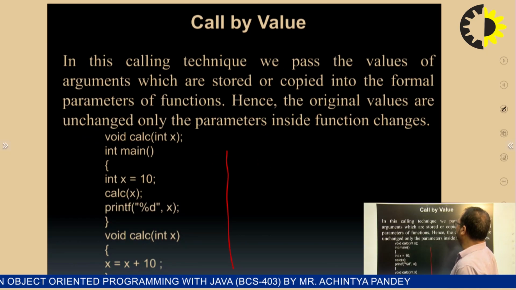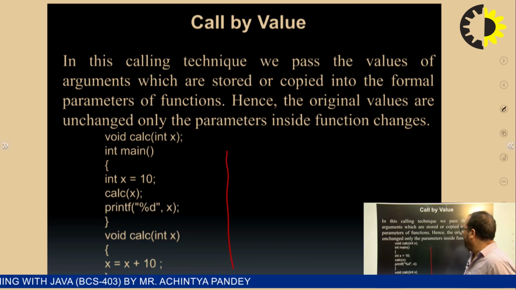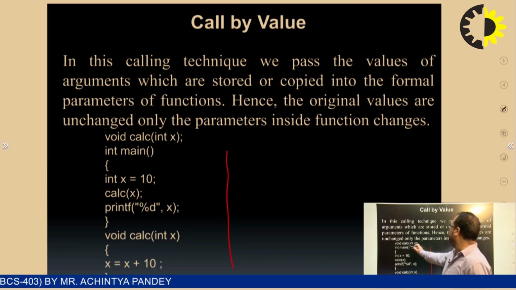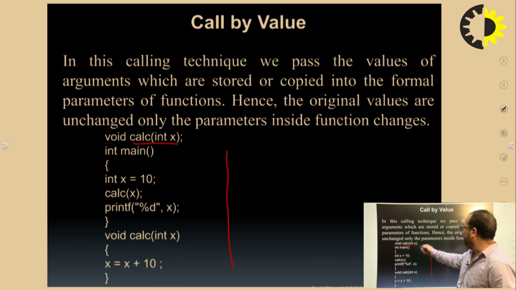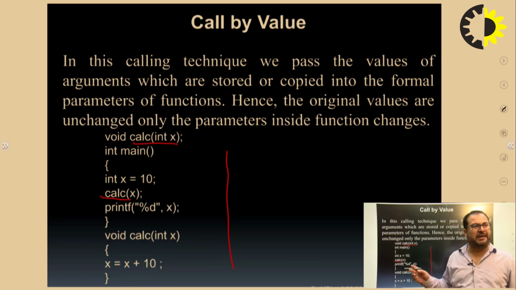So call by value. Say calc is a function which takes an argument x. So x is 10, and this is called a function call, right. In C, in a function call we simply write the name of the function and the argument.